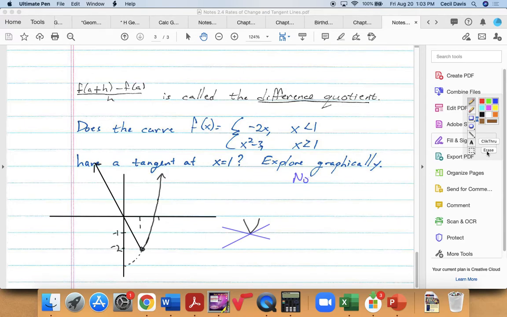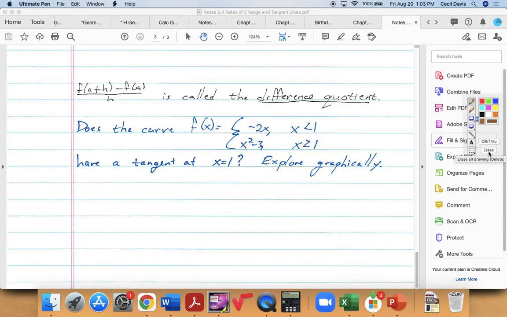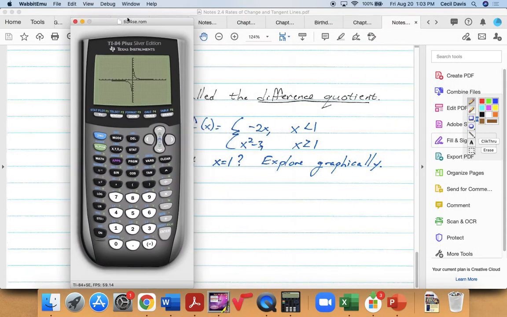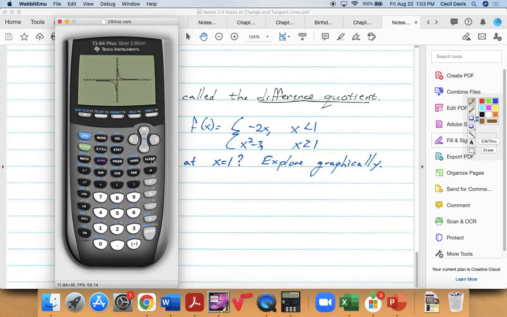How can we draw that on a graph? Well, let me show you. You can use your calculator for that. We go back to y equals and clear this out. So to explore this graphically, you may be wondering, how can I do this?